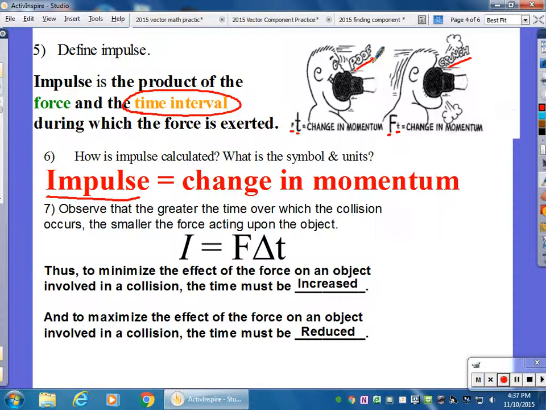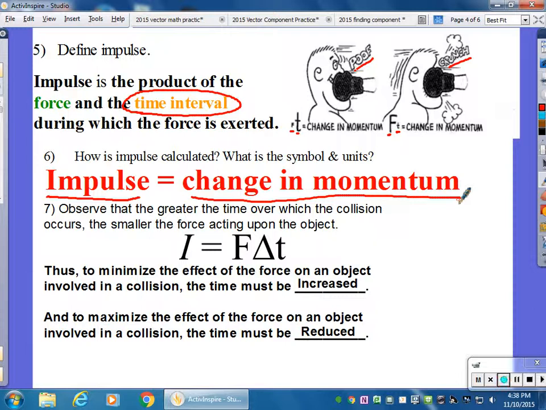So if you want to reduce the damage done, you're going to apply a small amount of force over a long period of time, which will cause an object's momentum to change. Because remember, impulse is going to cause an object's momentum to change. So how is impulse calculated? It's calculated by the change in momentum.